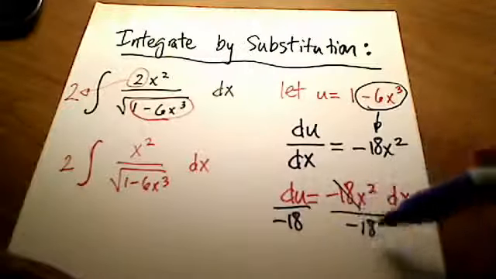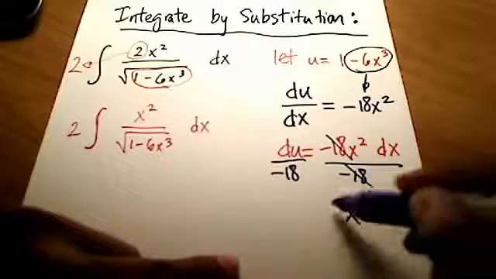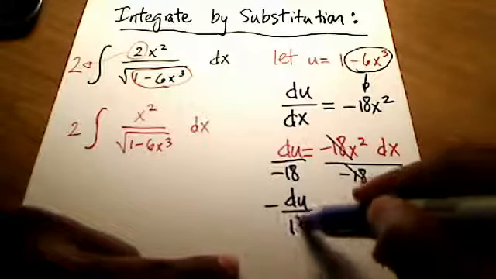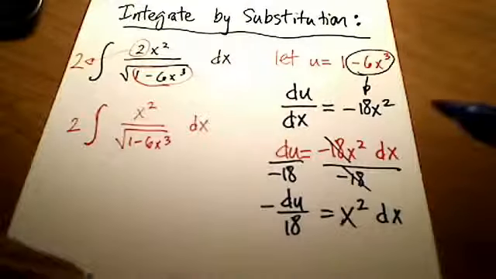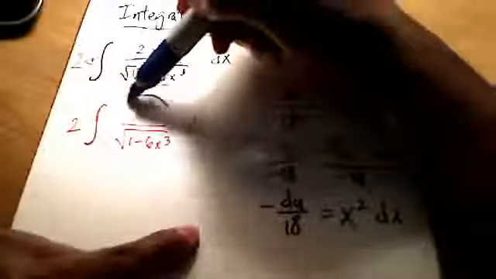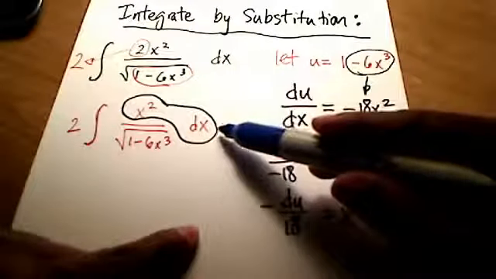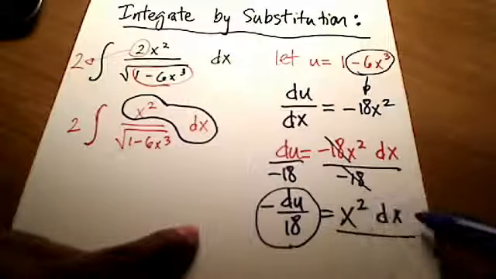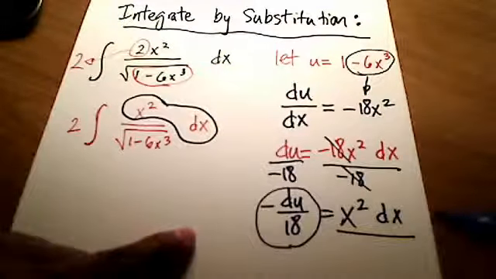If I do that, notice the negative 18s are gone over here, and I'm left with x squared dx equal to negative du over 18, or you can put the negative with the 18 on the bottom, it doesn't matter. Okay, so in place of x squared dx, what I'm circling in blue here, in place of this little bubble, I'm going to stick this in, because anywhere I see an x squared dx, I'm just going to replace it with negative du over 18.